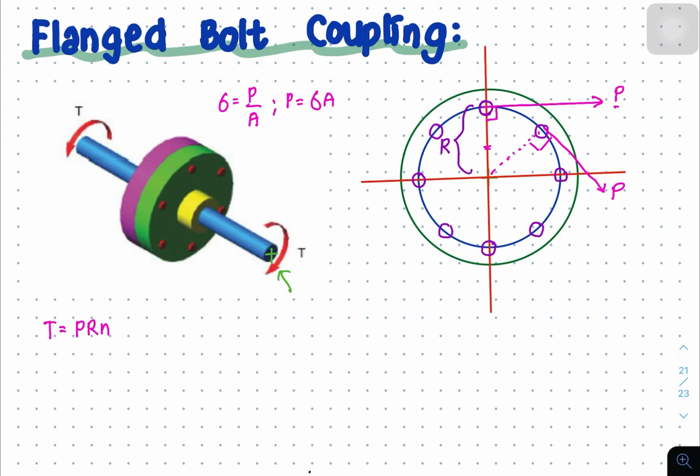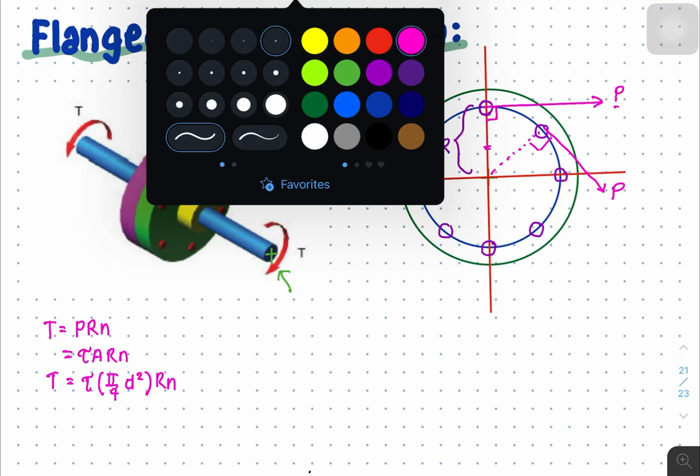Since we are talking about shearing stress, P is the shear stress times the resisting area of the bolt. That gives us shearing stress times area times the distance times the number of bolts. Thus, it is the shear stress times the resisting area, which is the cross-sectional area of our bolt, pi over 4 times the diameter of the bolt squared, times R times N. This is the formula of our torque.